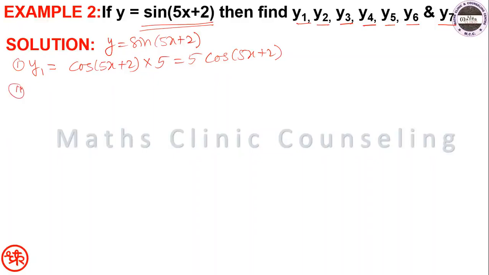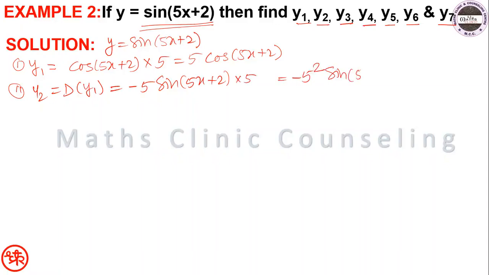Then second, y2 is d of y1. Okay, and that is minus 5 into sine of 5x plus 2 into 5, and that is equal to minus 5 square sine of 5x plus 2. Is that clear? Because the derivative of cos is minus, so here the minus sign is there.